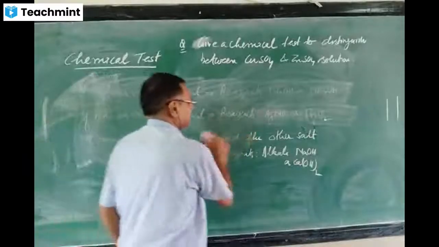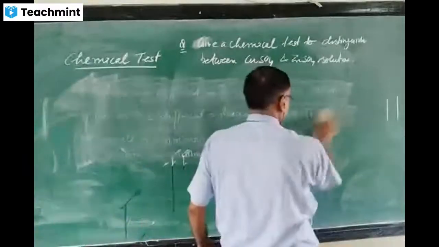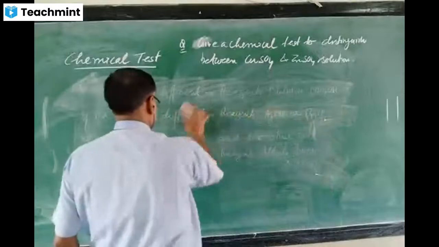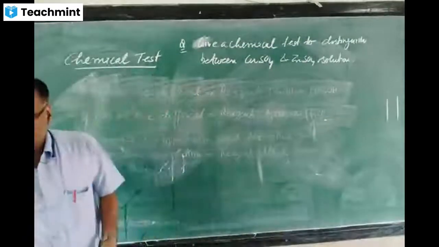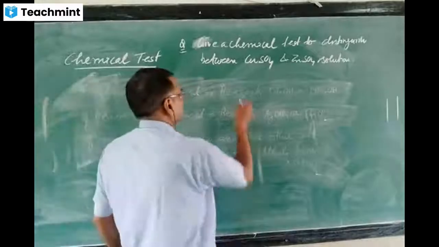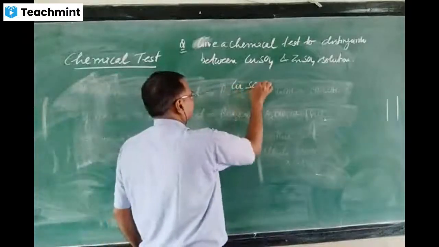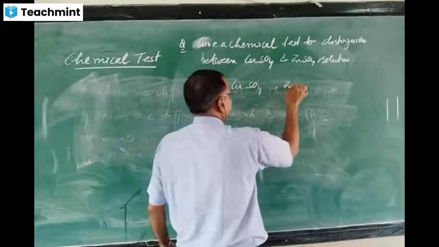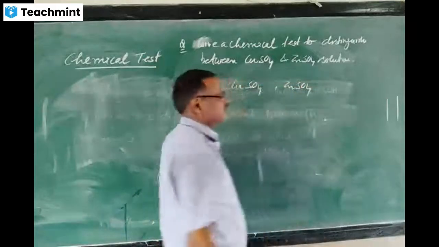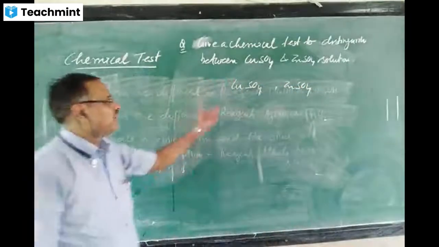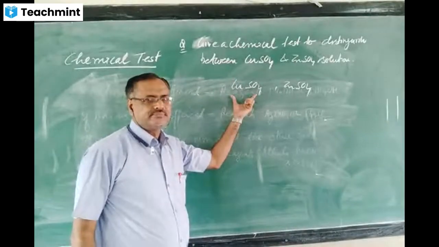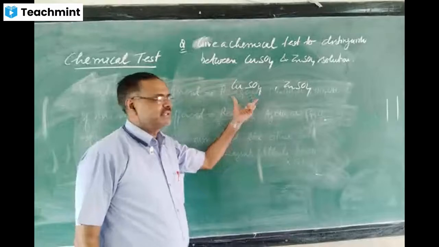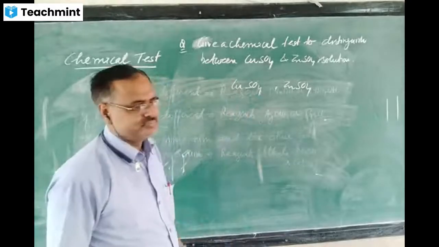Are you able to recognize cations and anions? Yes, sir. Just see, this is copper sulfate and zinc sulfate. Which cation is present in copper sulfate?